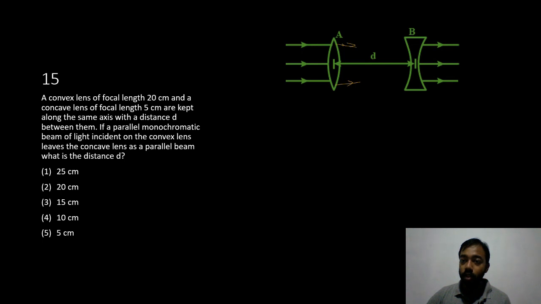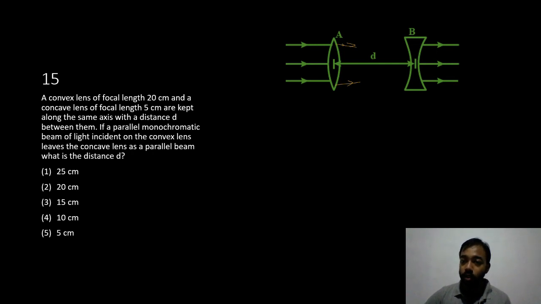If you consider the emerging rays from this concave lens, they are also parallel. So what is the necessity in order to get the refracted rays from a concave lens to be parallel? The necessity is that the object should be placed at the focus of this concave lens, and that object is actually a virtual object.